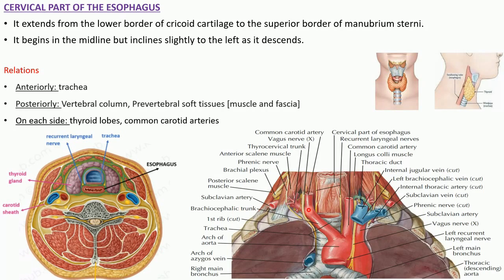You remember the vagus nerve, on the right side, loops around the right subclavian artery to give off the right recurrent laryngeal nerve. On the left side, it gives off a branch that loops around the aortic arch and extends up towards the larynx. All these are recurrent laryngeal nerves. They are also in close relationship with the esophagus, almost anterior to the cervical part of the esophagus.